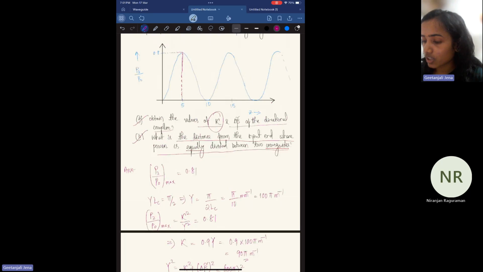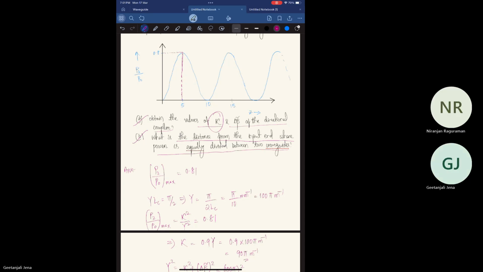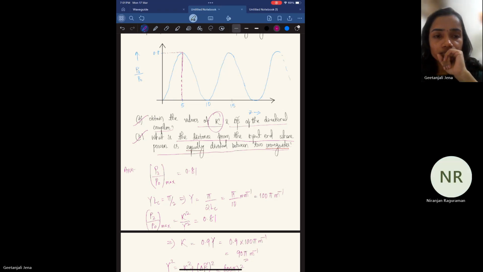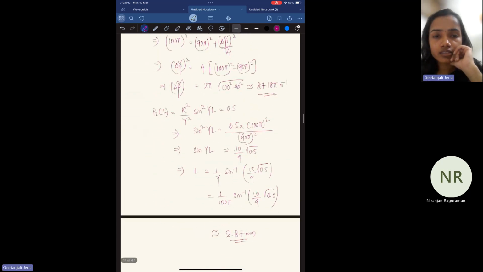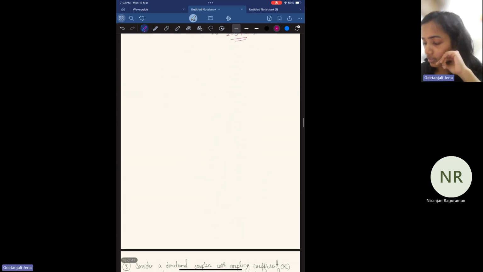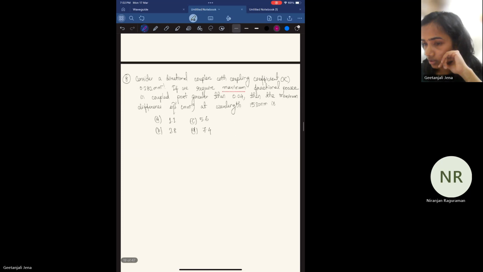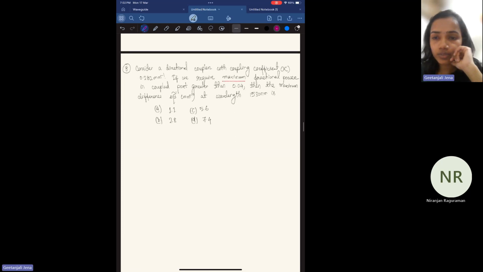So we got the values of A and B. This is clear, right? This is easy also. Okay, we'll move to the next problem.